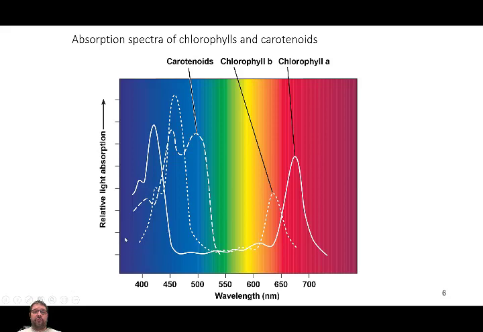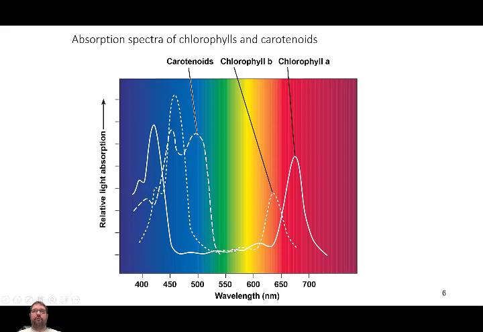Here you can see the wavelength spectrum of visible light, and these are the wavelengths at which they can absorb. Chlorophyll B and A can absorb red and orange light, and they can absorb blue and violet light. They don't absorb things in the green range.